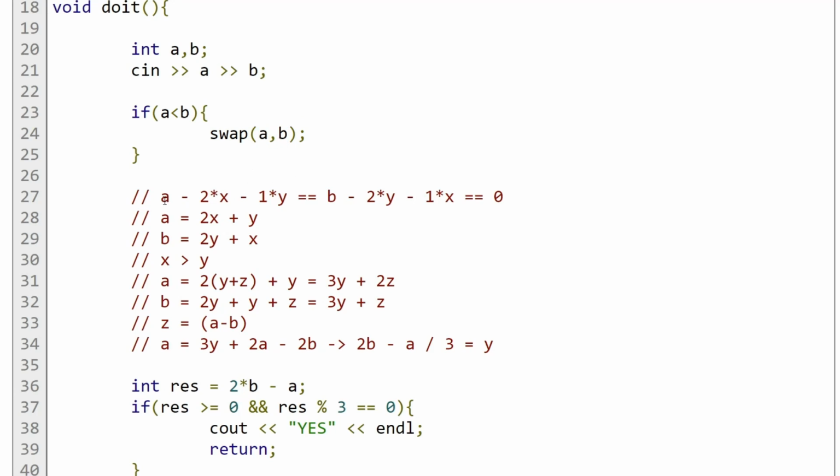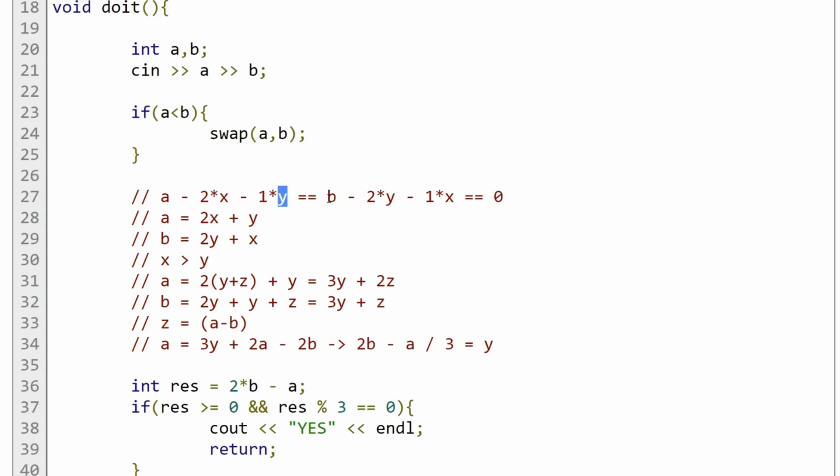And then I'm using algebra here. So here I use X to be the number of second type moves, and Y to be the number of first type moves. So A, the left pile, minus 2 coins every time we execute the second move, and minus 1 coin every time we execute the first move.